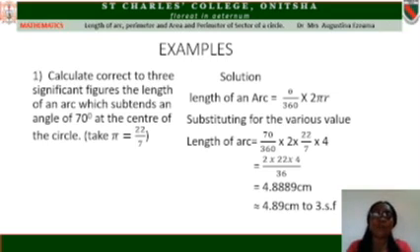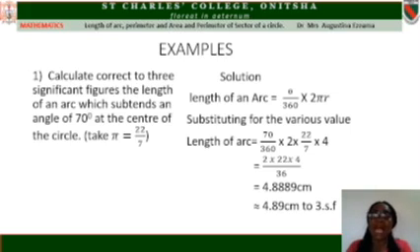In this case, before you solve, you have 2 options. You can draw a circle and show this 70 where it's supposed to appear. Or you go over to the length of an arc formula I have explained before.